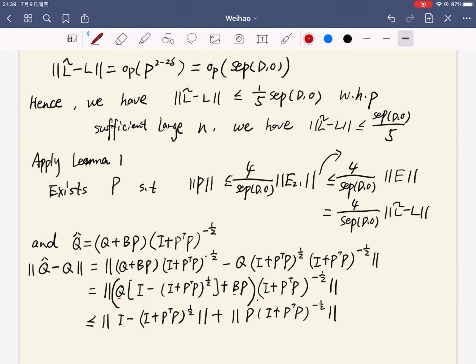we noted that for this matrix, it is a summation of two positive semi-definite matrices. So all the singular values or eigenvalues of this matrix are larger or equal to 1.